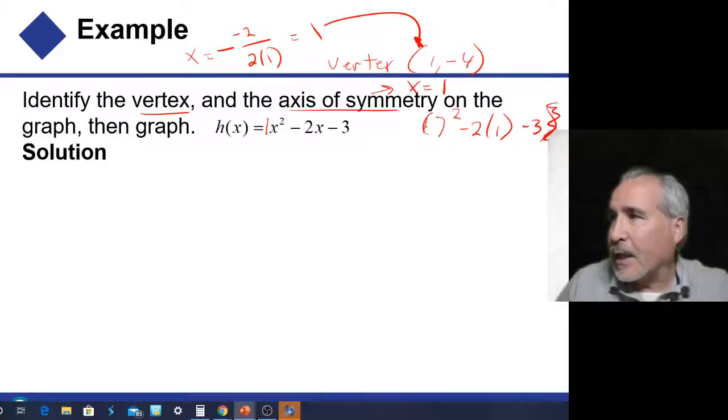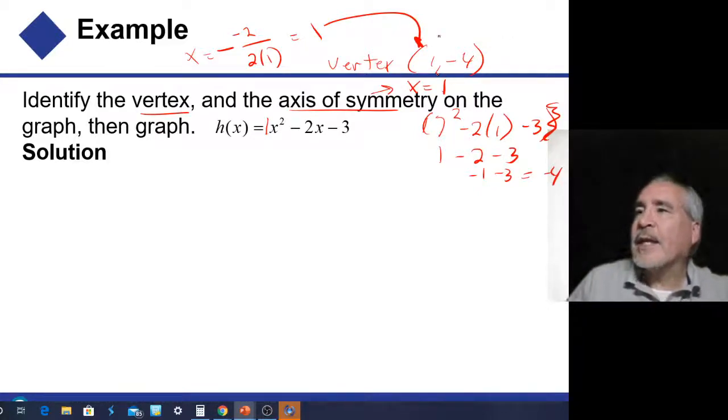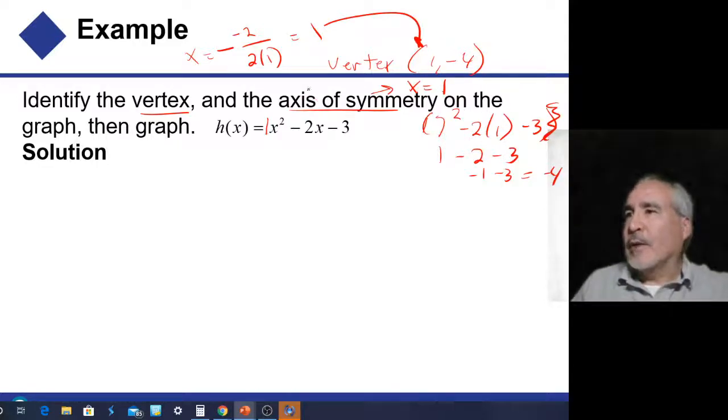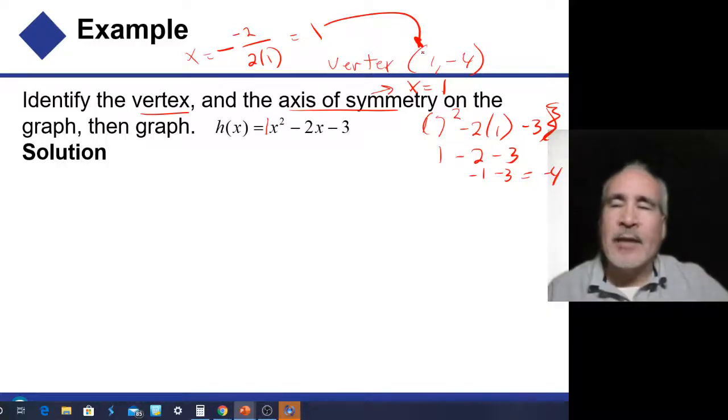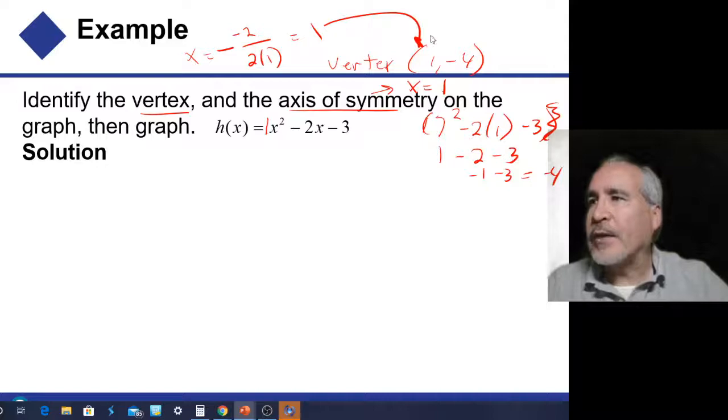So this is 1, -2, -3. So this is -1 minus 3, -4. Okay, so we can get it in multiple ways. Once we know what the x value is, plug it back into the equation to get the y value, or just graph it and use the tools to get both values.